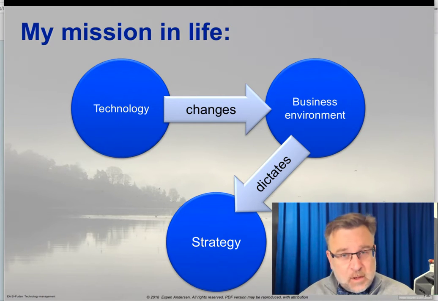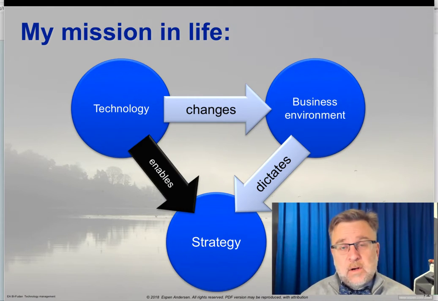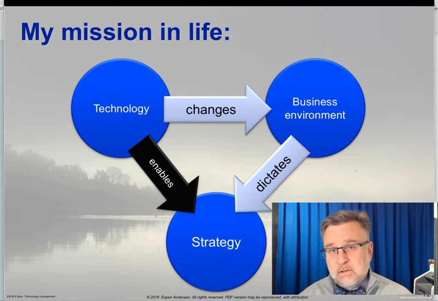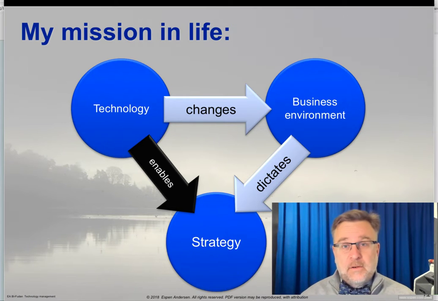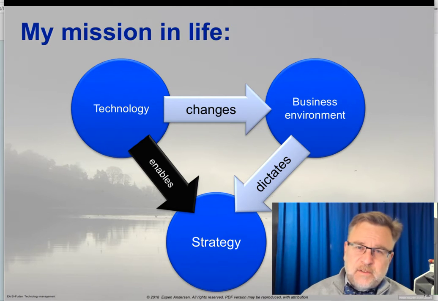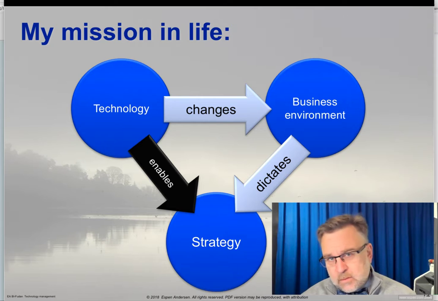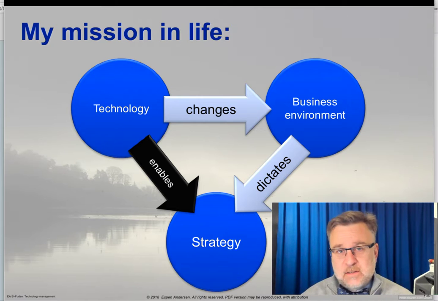But if that's the way you manage, if that's the way you lead, then you're frequently too late. What you have to do is to understand the changes in technology so that you can take advantage of the technology and change your strategy before the business environment forces you to do so. And that's, if there's one thing I'm trying to teach you in this course, how to understand and manage this dynamic. And that's very hard.